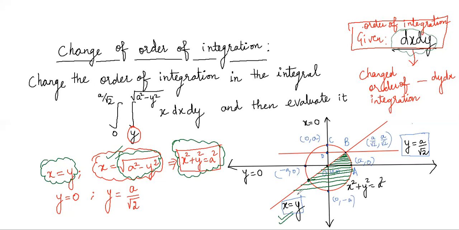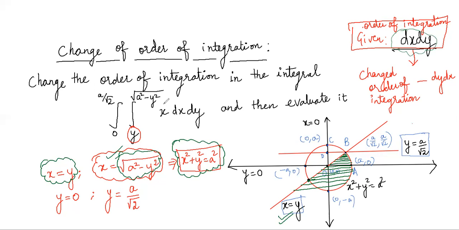So we have considered all these strips which start from x equal to y and end at the boundary of the circle with x as positive, and such strips are parallel to the x-axis because the given order of integration as per the problem is dx dy.